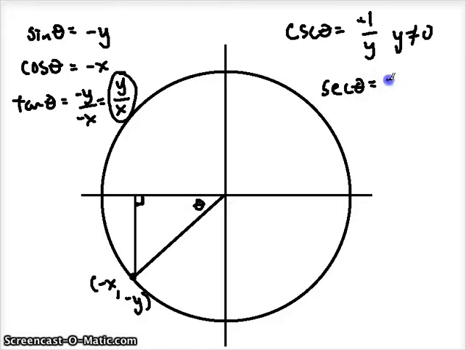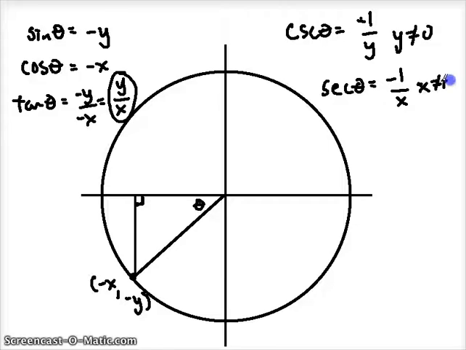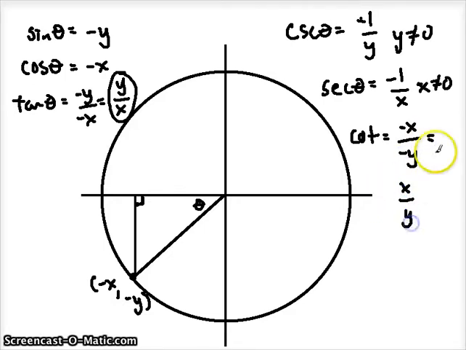Secant would be negative 1 over x, and x could not be 0, otherwise it's undefined. And cotangent would be negative x over negative y, so again the reciprocal cotangent function is positive, just x over y. And I'm running out of time real quickly, so I'm going to extend this into the next video, and we'll keep talking about our unit circle.